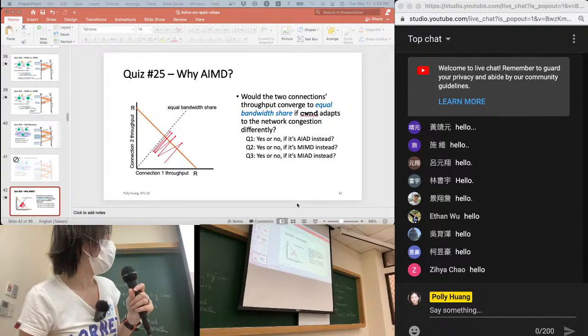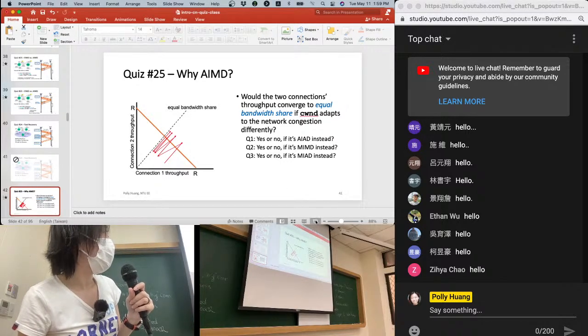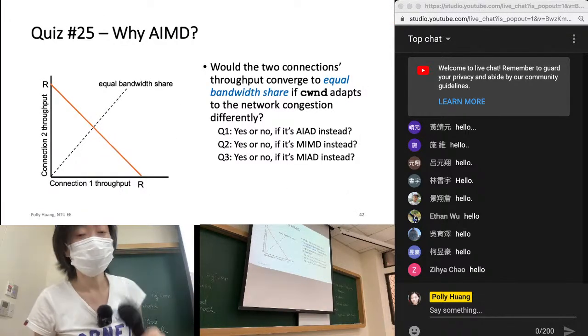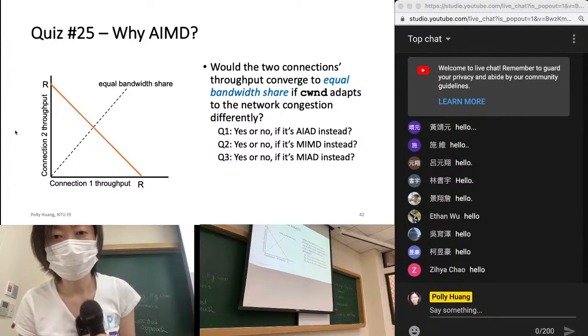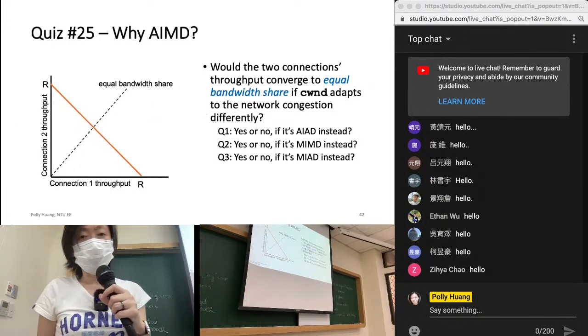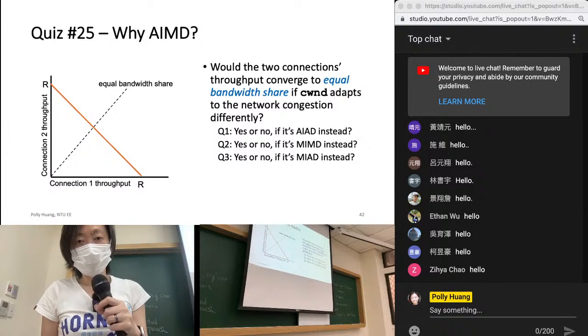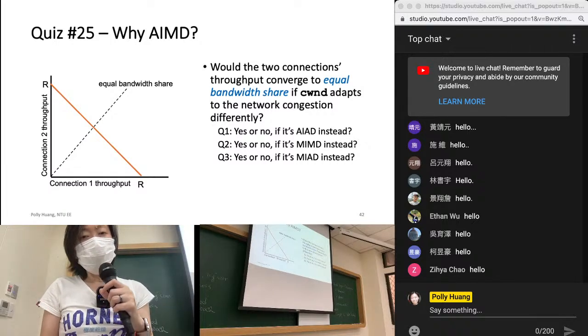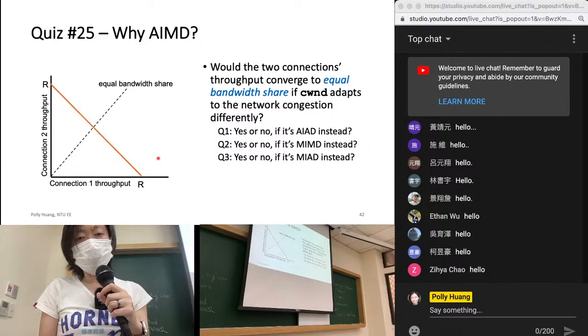So this was the quiz. Number 25. Using the same plot, can you tell me, would the two connections' throughput converge to equal bandwidth if the congestion window size is adapting in a very different fashion?